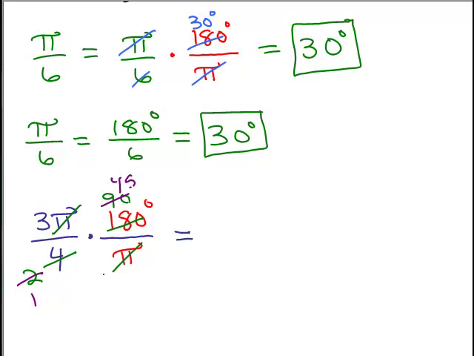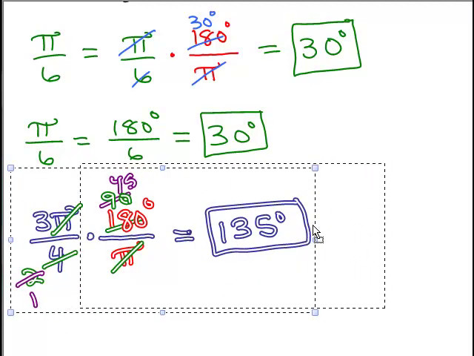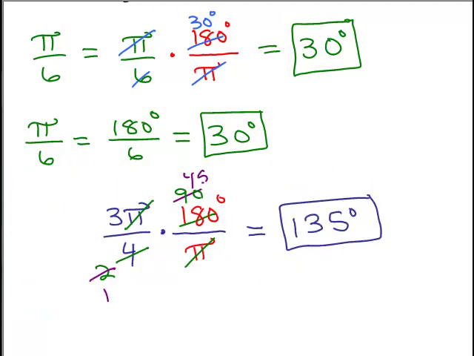And in the denominator you have nothing, right? So you have 3 times 45 and you got the degree symbol. So let's see, that's 135. Again, here, let me move it over a little. So we remember what we started with, 3 pi over 4.